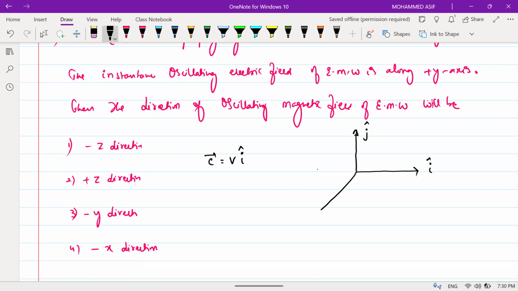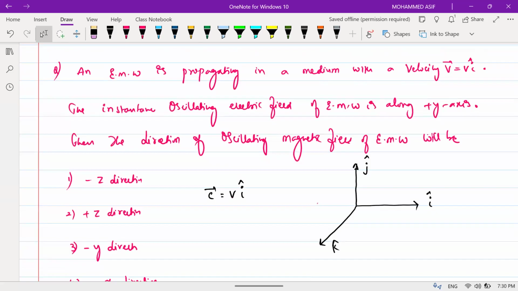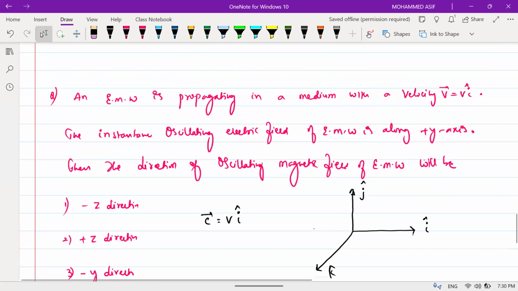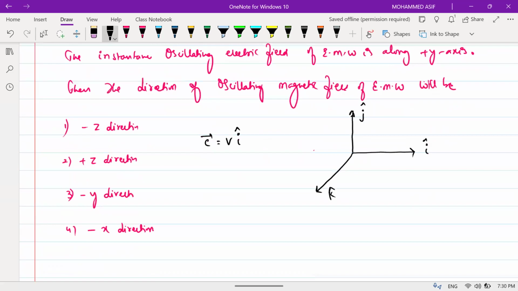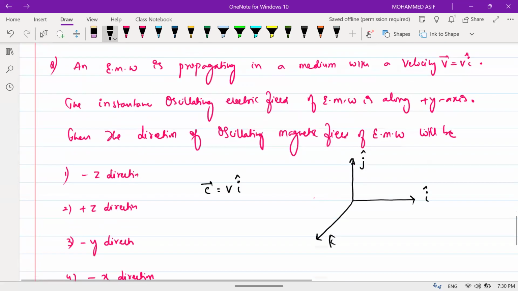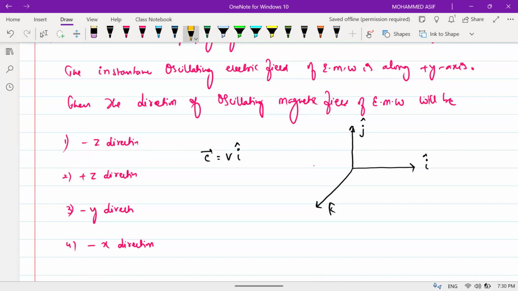And perpendicular to this is K cap. Isn't it? So now what is it telling? The electromagnetic wave is propagating in a medium with a velocity V equals V I cap. The instantaneous oscillating electric field of the electromagnetic wave is along your y-axis. That means the electric field is along this direction, J cap.